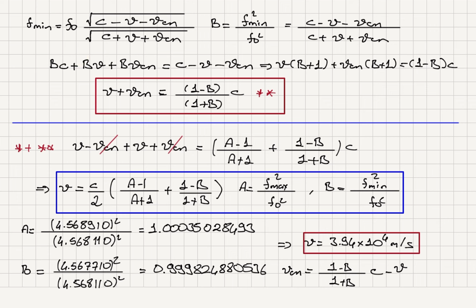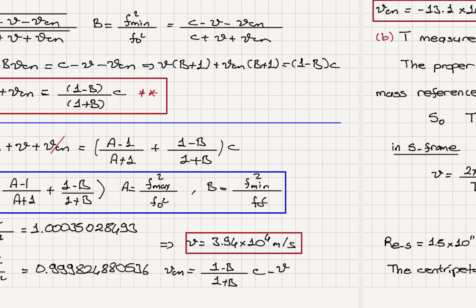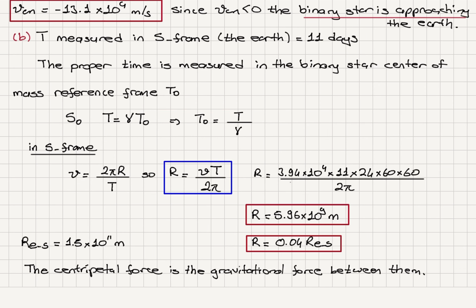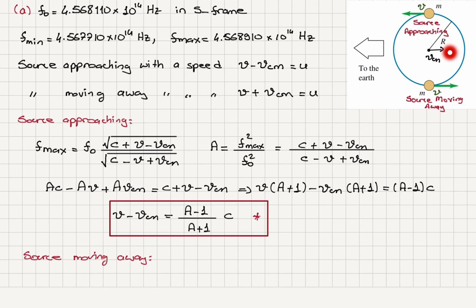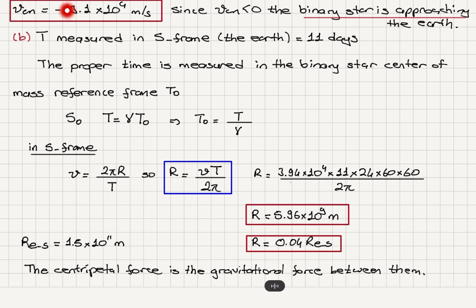And by looking at the sum of the v minus v center of mass and v plus v center of mass written in terms of the Doppler shift equations, I can obtain the orbital speed. And once I obtain the orbital speed, I can plug it into any of these equations to find the center of mass speed. And it turns out to be negative, implying that even though my convention was that the system of the binary stars was going away from the observer, it turns out that it's actually approaching. So this is a minus sign.